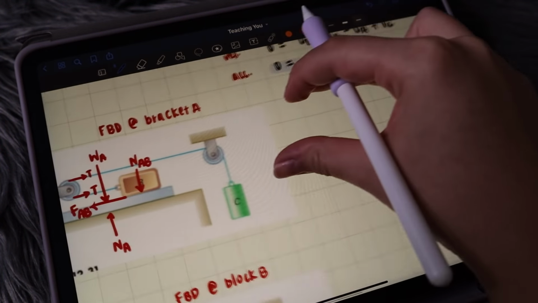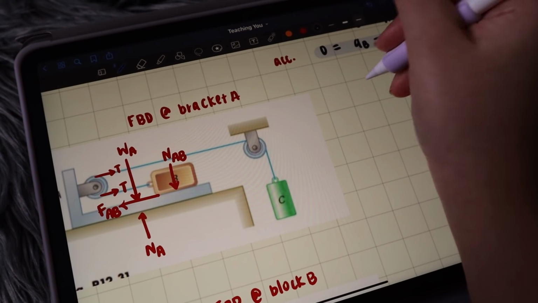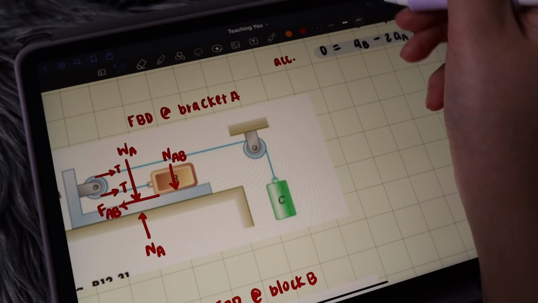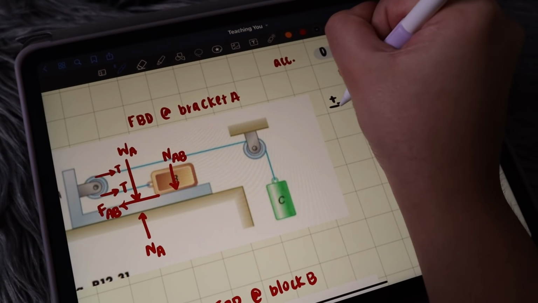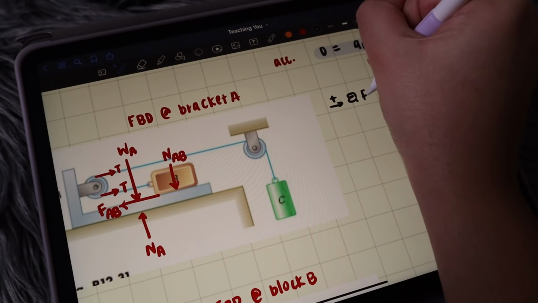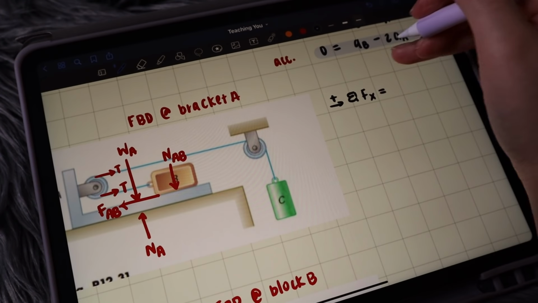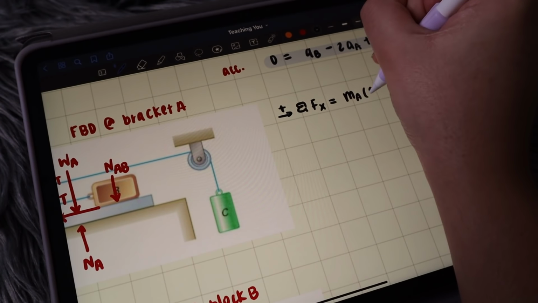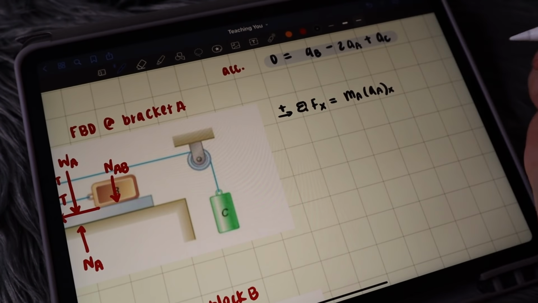Let's start with the first one. We're going to do the sum of the forces in the x. Again, positive is going to the right. The sum of the forces in the x equals MA, the acceleration of A in the x direction.